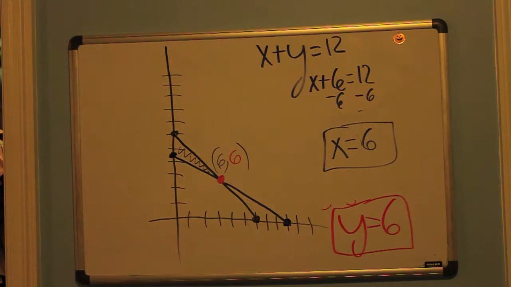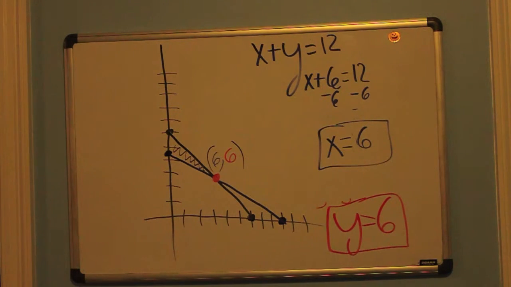So the point where the two lines intersect is (6, 6). By figuring out this information, we are now able to tell that the maximum number of hours Katie can exercise the horses is 6, and the minimum number of hours she'll have to clean the stalls is also 6.